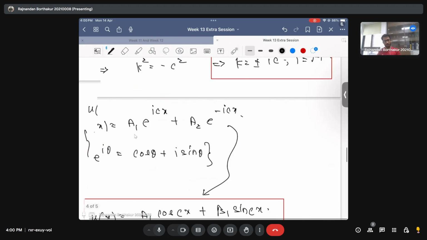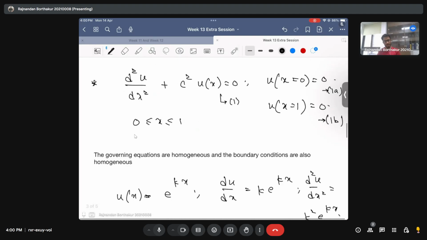For instance, since this equation was simple, we could assume u of x as some e to the power kx, and then for some specific values of c, which is equal to n pi, this equation is satisfied. That was possible because this was a second order ODE with constant coefficients with homogeneous boundary conditions. Of course, the boundary condition doesn't matter, but since it's a second order ODE with constant coefficients, we could have an analytical treatment in this case.